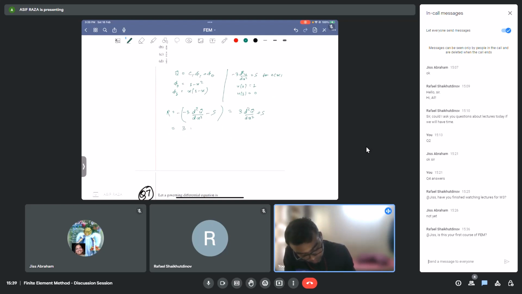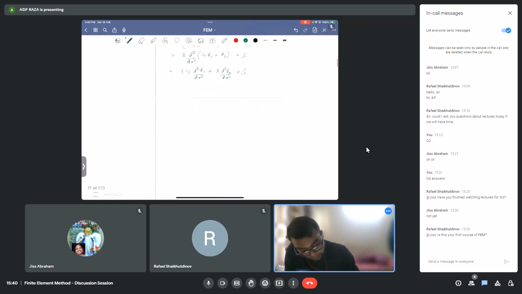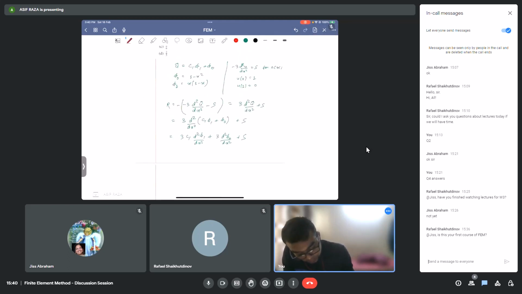That will give me 3 second derivative of c1 phi 1 plus phi naught plus 5, which will be 3 c1 d square phi 1 by dx square plus 3 d square phi naught by dx square plus 5. Now here the second derivative of phi naught would be what? Minus 2.